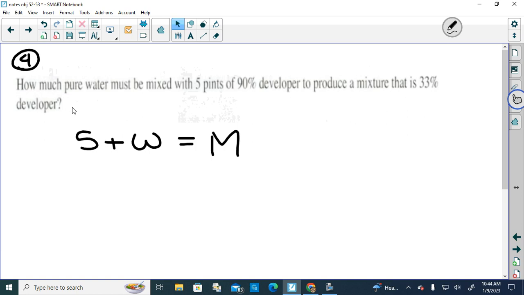How much of the developer percentage-wise did we mix together as a decimal? How do we write that? 0.9. So we're going 5, and it doesn't matter which one you're writing first, times 0.9. How much developer did we mix with the water?